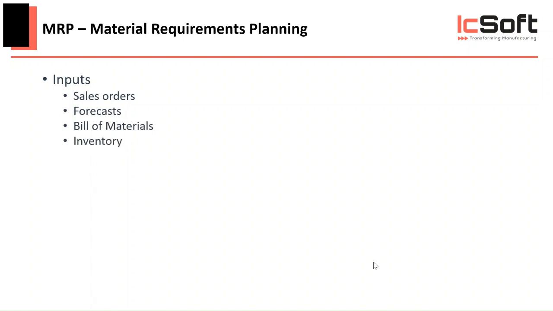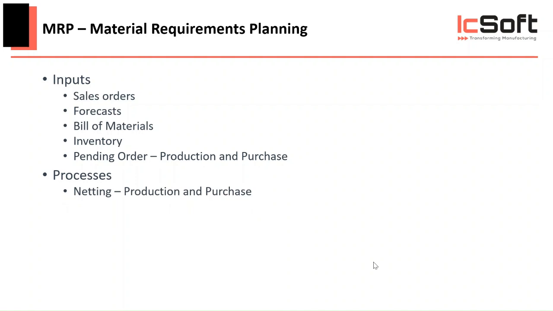The next input is inventory or the stocks. And we also have pending orders, both production and purchase orders, as inputs to MRP. Once these inputs are in place, MRP processes these by exploding the demand, which is the sales orders and the forecasts, into its component requirements and raw material requirements using the bill of materials.